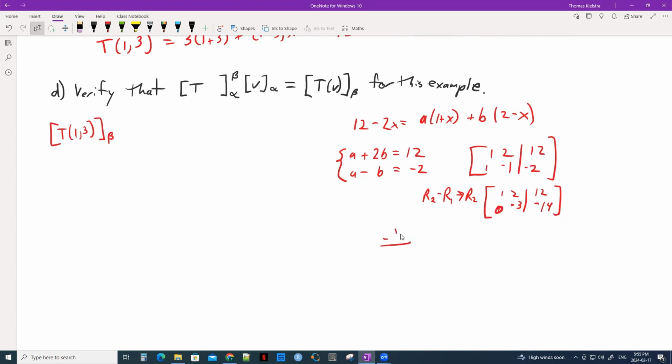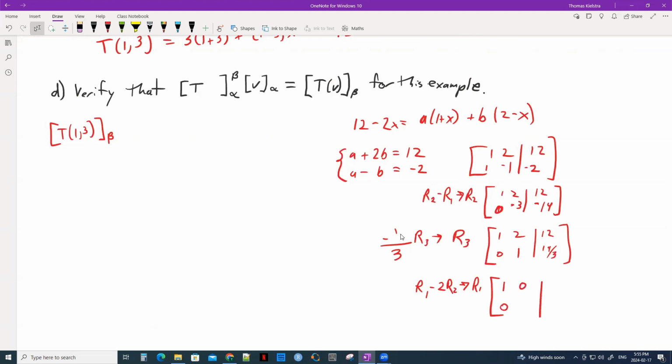Taking minus 1 over 3 times R2, replacing R2, gives [1, 2, 12; 0, 1, 14 over 3]. And now R1 minus 2 R2, replacing R1, gives 1, 0, 0, 1.